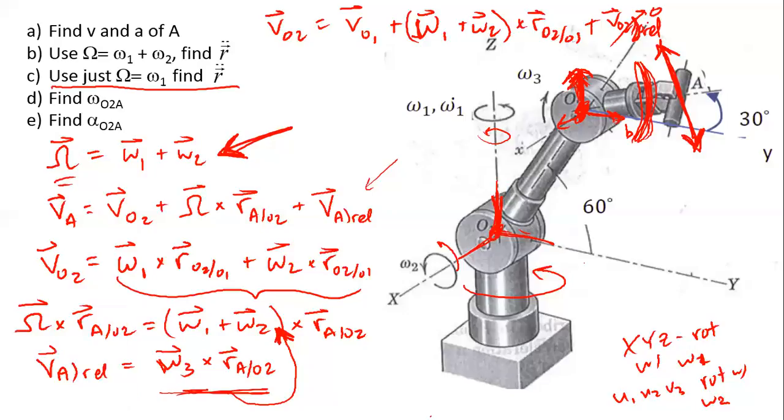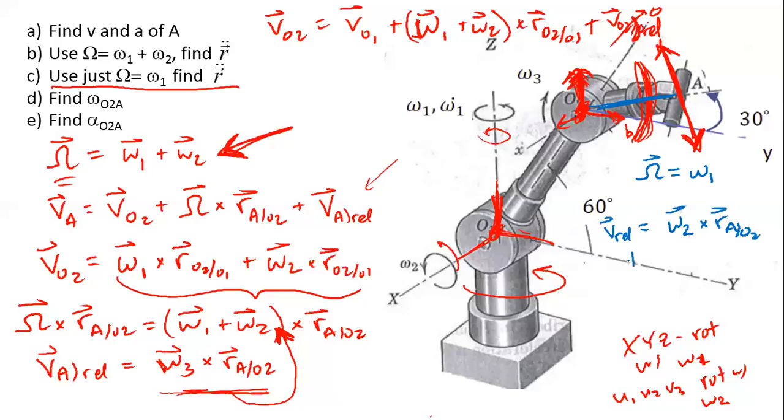Sorry. So if I was doing where this is just going to be now only with omega 1, then in my VREL term, since I'm not including the omega 2, then my VREL term, right, is now going to have an omega 2, right? And that's going to be what's going on with this guy. So it's going to be omega 2 crossed RaO2.